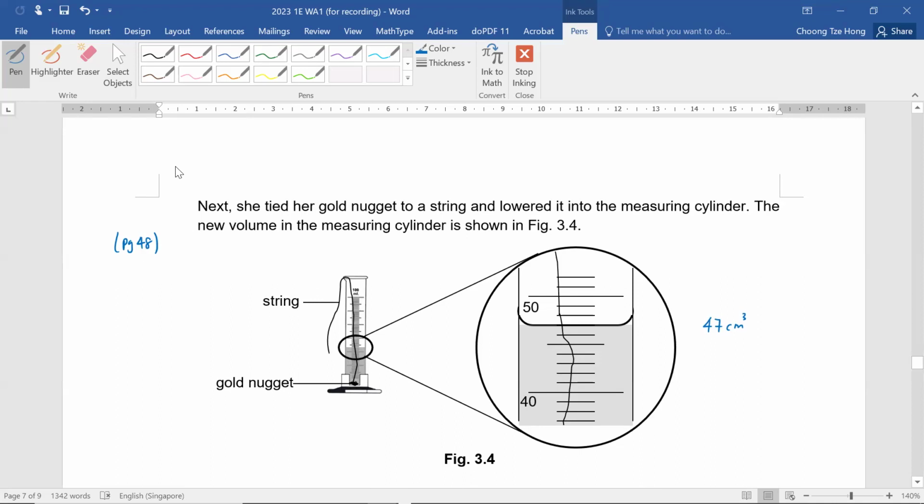Basically, when you put an object inside, it's going to take up space of the water. So the water has no choice but to rise upwards to take up new space. The increase in the level of the water in the measuring cylinder, the difference from the initial measurement, will give you the volume of the object that is submerged in the water.